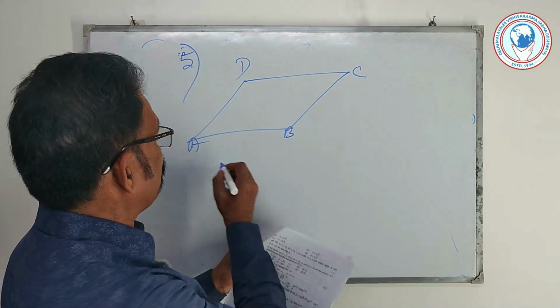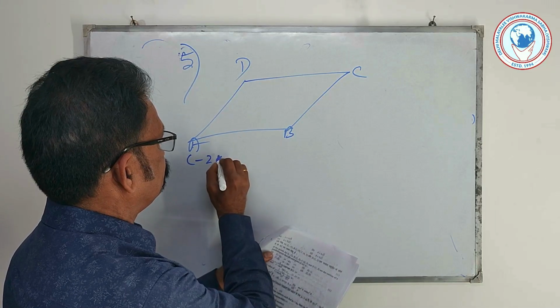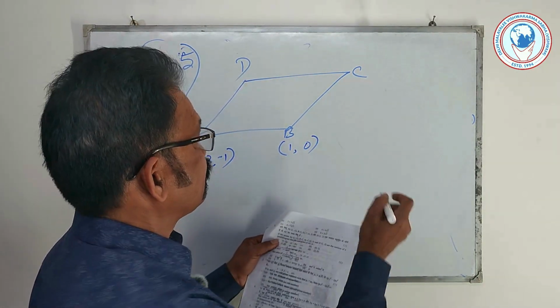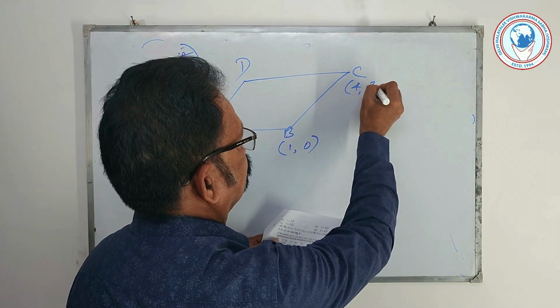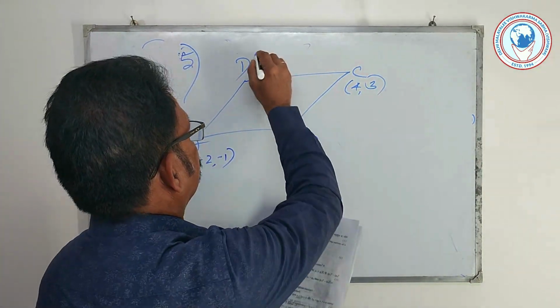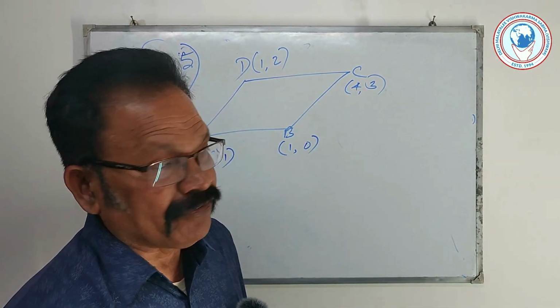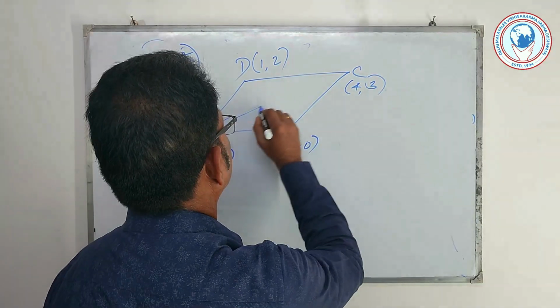Given points are A(-2, -1), B(1, 0), C(4, 3) and D(1, 2). We want the midpoint of AC.